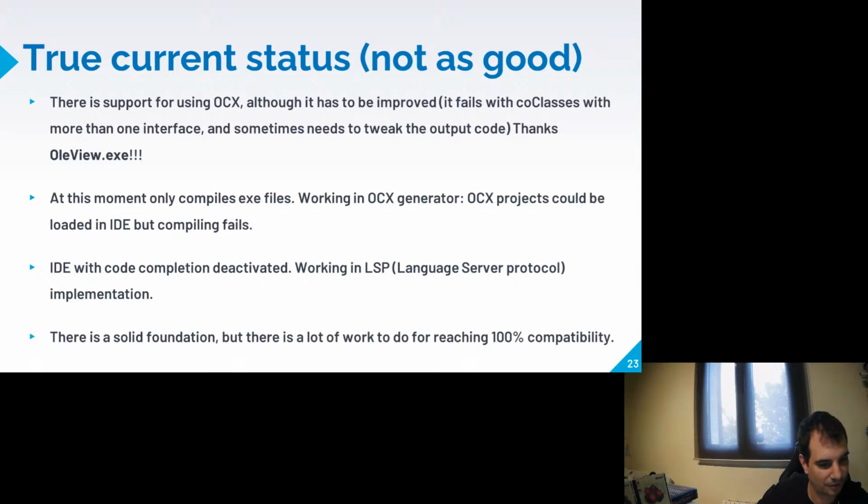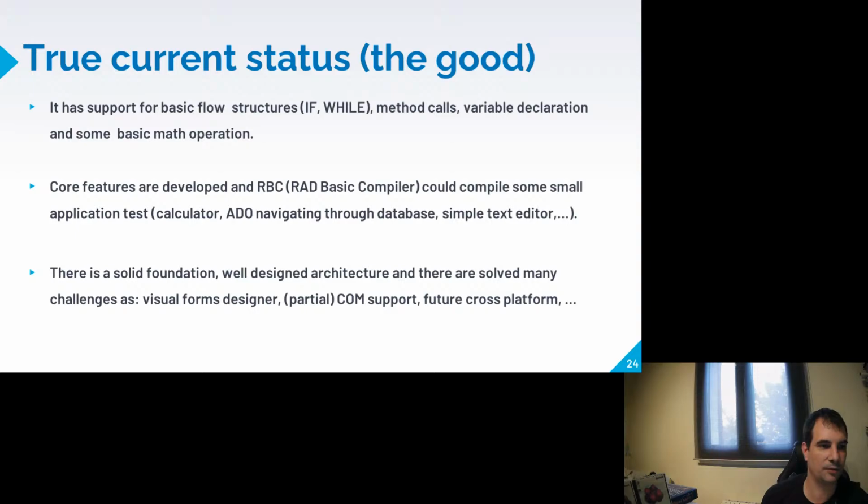But it is not all bad news. There is a solid foundation. In these two and a half years I worked a lot on the core, but there is a lot of work to do to reach full compatibility. And the good news, the good current status: it has support for basic flow structures, if, while, method calls, variable declaration, and some basic math operations.